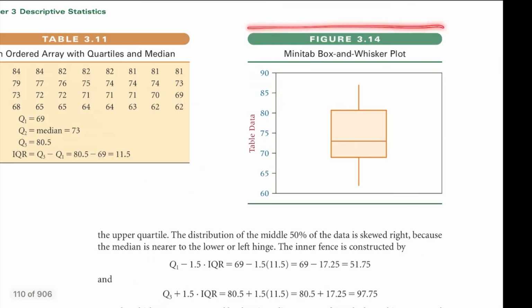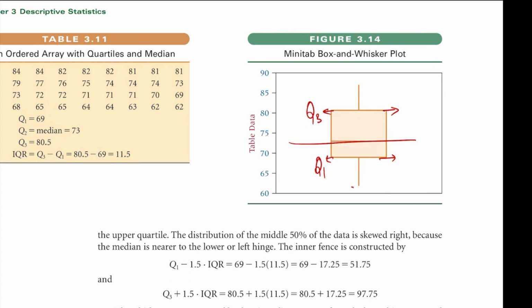Now generally, if you plot the box plot using Python or R or any language, it will look like this. Here you have the hinges. Again, you don't need to remember these keywords, but just for reference, these are the hinges. This is your median, this is your Q1, this is your Q3.